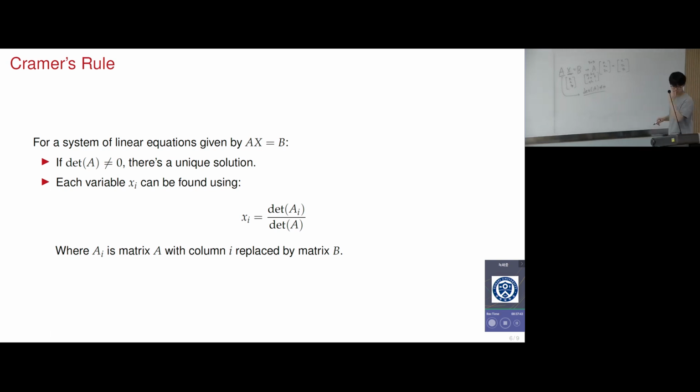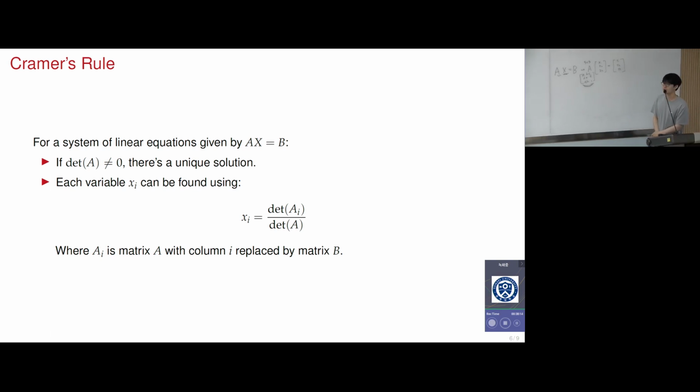What the equation means is that we can get xi by dividing the determinant of Ai by the determinant of A. We already know what the determinant of A is: we just take the determinant of this matrix.